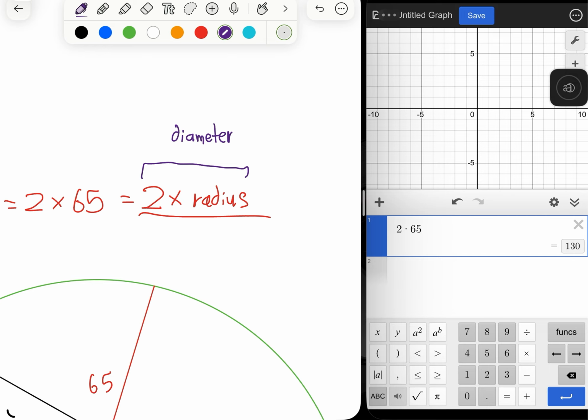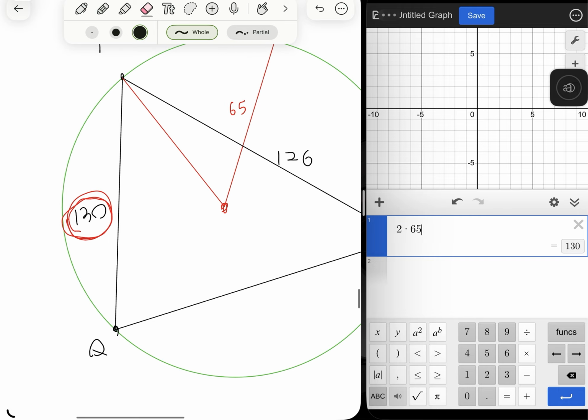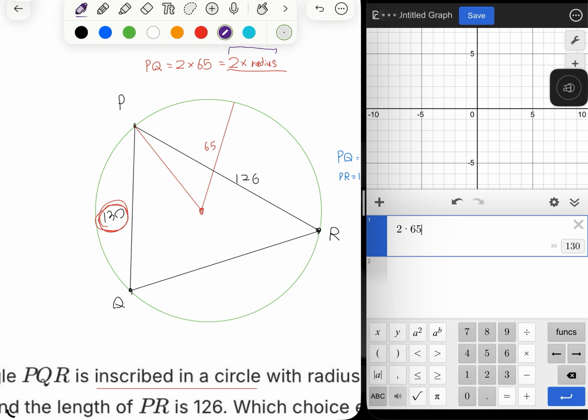And second, a diameter is 2 times the radius. So this diagram can't be possible because PQ has to be the diameter, but it's clearly not, because the diameter passes through the center. This one clearly doesn't. So you have to redraw your diagram.